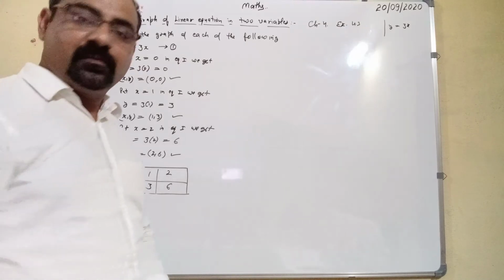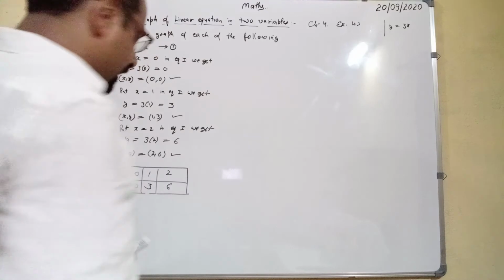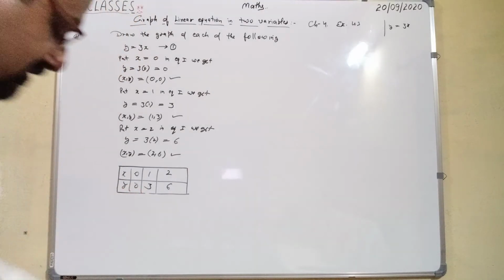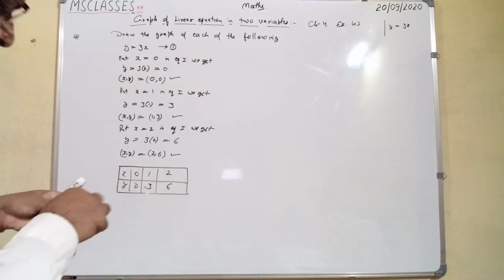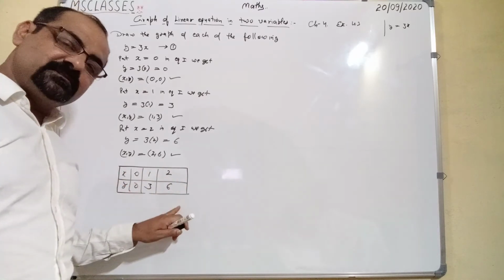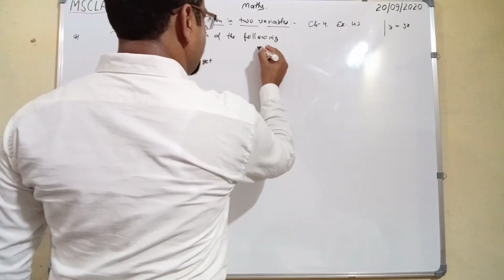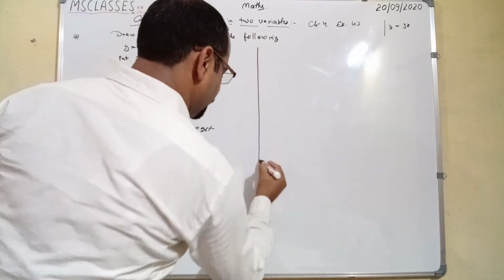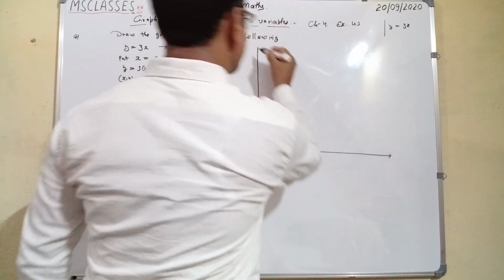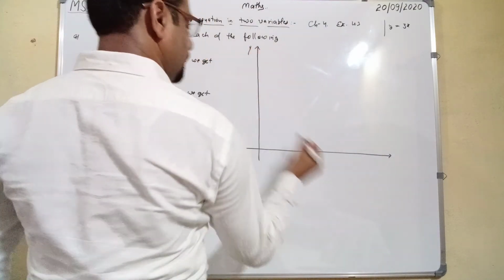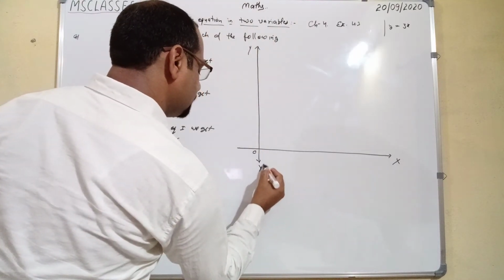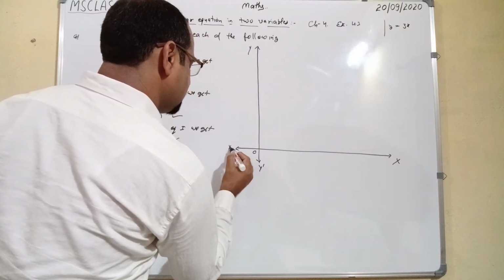Now you have to plot and make a graph paper with respect to these coordinates. Now you again see these are all positive, so you need only the first quadrant. This is y and this is x. This one is 0. This is minus y, y dash, and this is x dash.